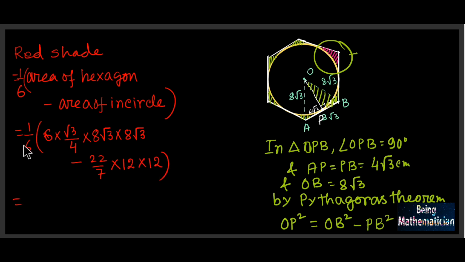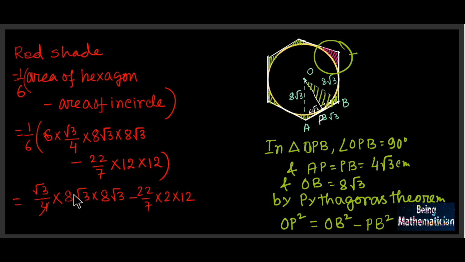Now 1 by 6 is multiplying both of the terms. We get 6 and 6 cancel out, and it is root 3 by 4 into 8 root 3 into 8 root 3 minus 22 by 7 into 6 into 12, so 2 into 12.